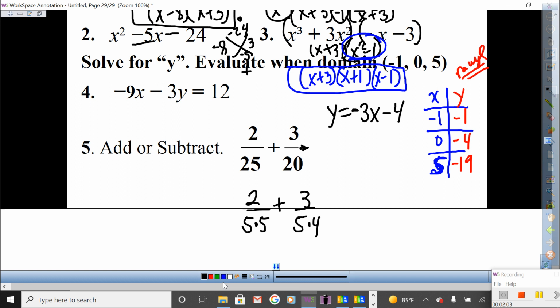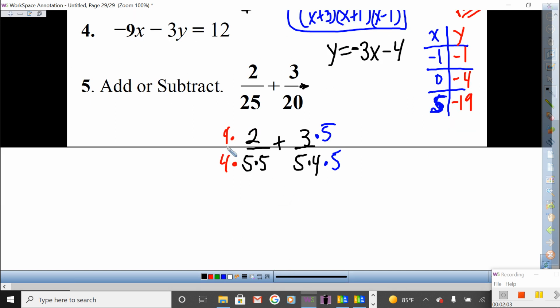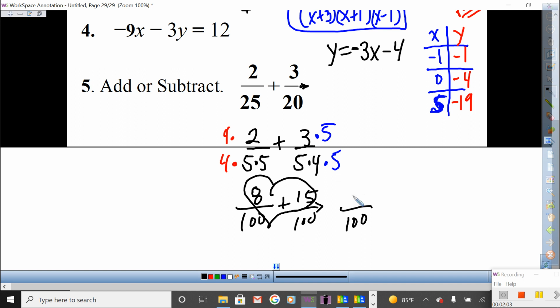This is 5 times 4, which means this one needs another 5, yes? And this one needs a what? A 4. Therefore 4 times 2 is 8. 5 times 5 is 25 times 4, that's 100. 3 times 5 is 15 over 100. Focus on the numerator. 23, Michael Jordan. Let's go. Hands if you got that.